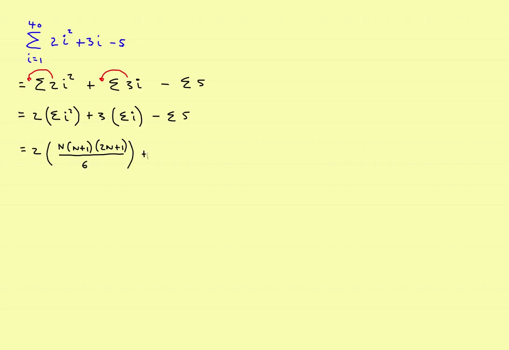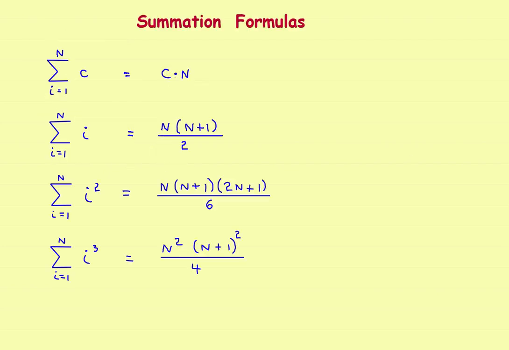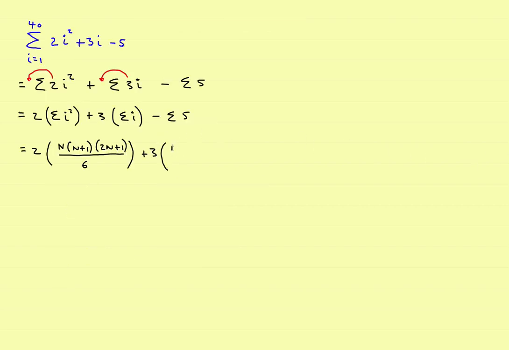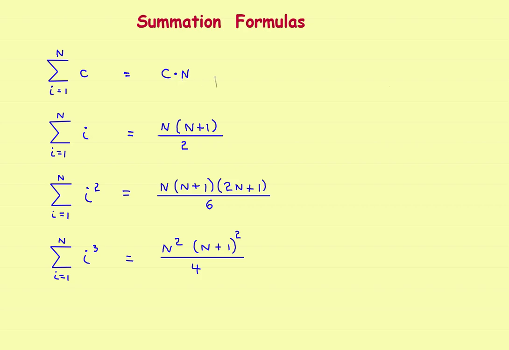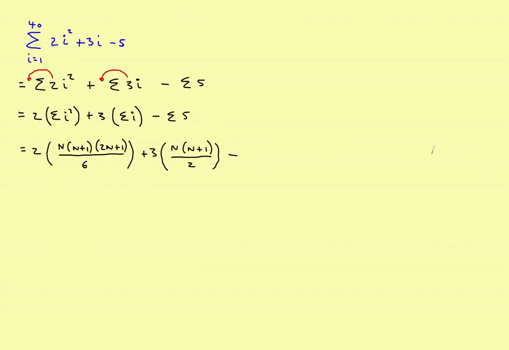And you've got plus 3, the summation of I. We'll look back at your formulas. The summation of I is N times N plus 1 divided by 2. So this will be N times N plus 1 divided by 2. And finally, you've got the summation of a constant, which is just the constant times N. So that's going to be 5 times N.